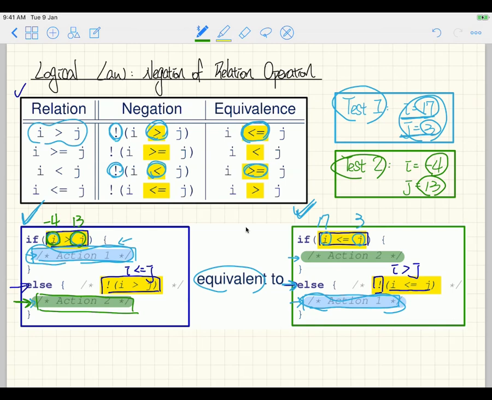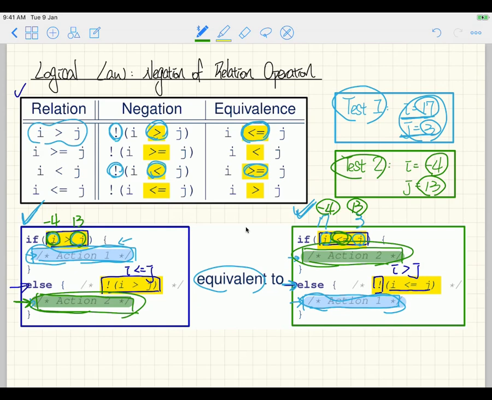What about the right-hand side program in this case? In that case, you got I being -4 and J being 13. So -4 less than or equal to 13 is going to give you true. That means you are going to execute this particular action 2, right? You can see they are, again, equivalent.